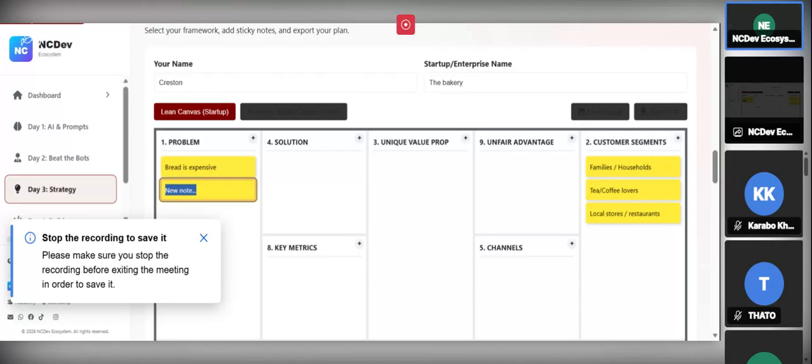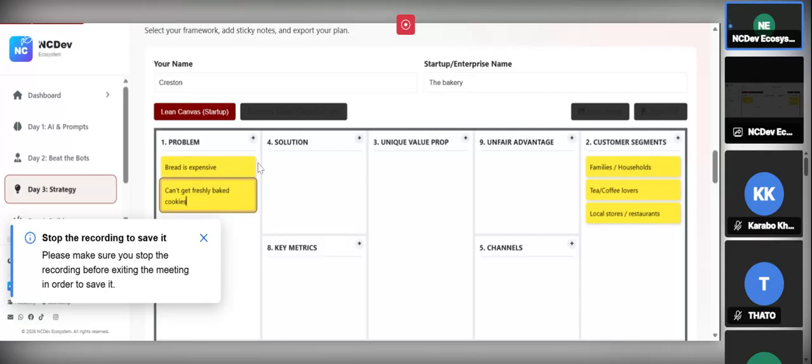And then for your tea and coffee lovers, the problem they have is that they perhaps can't get freshly baked cookies.